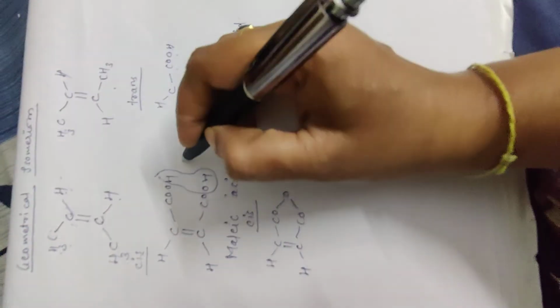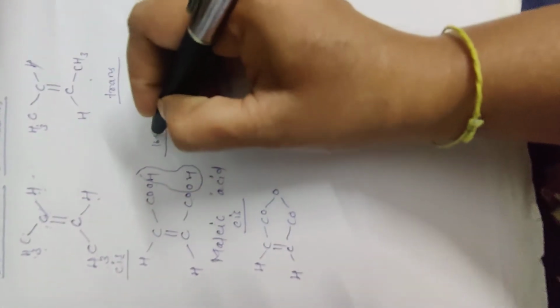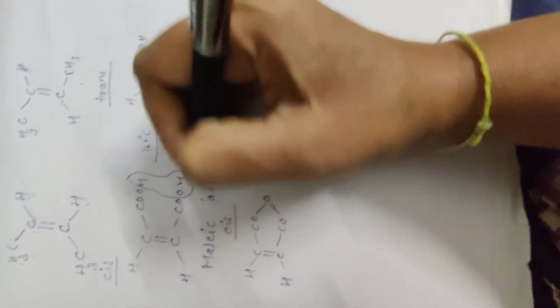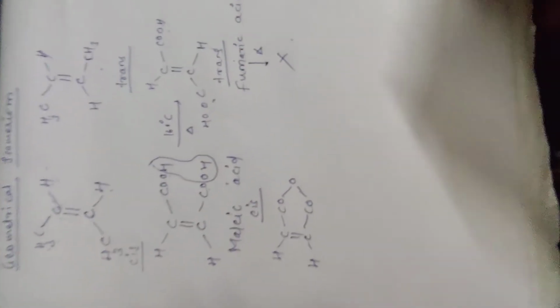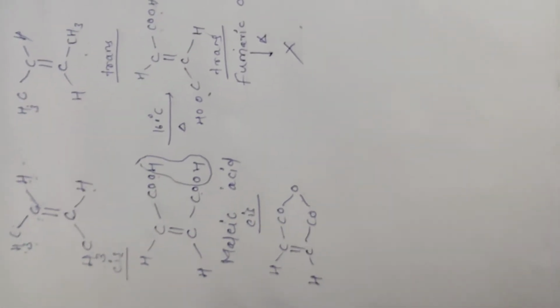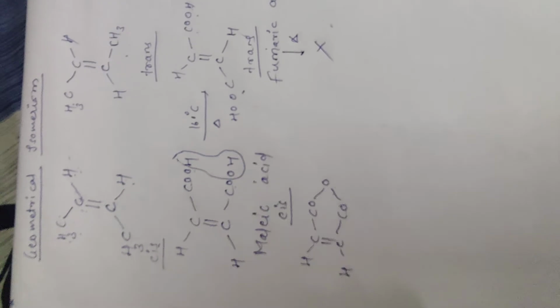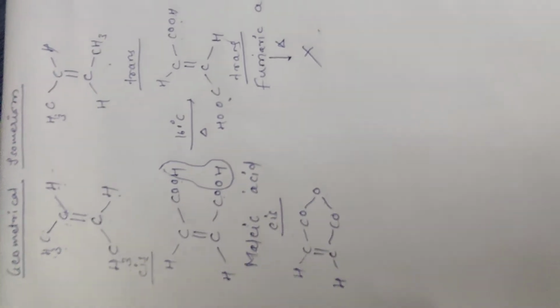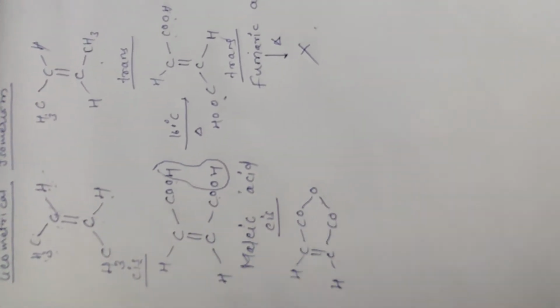Meaning this malic acid, when we heat up to 160 degrees Celsius, gets converted to fumaric acid, the trans form. Okay, this is about the geometrical isomerism of malic and fumaric acid.